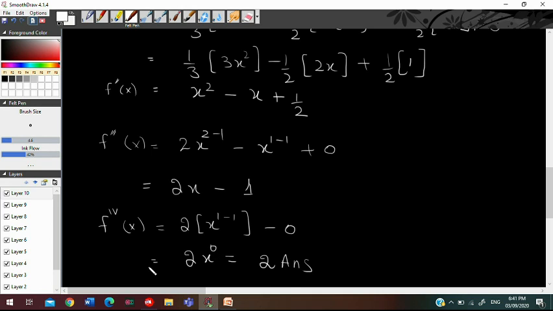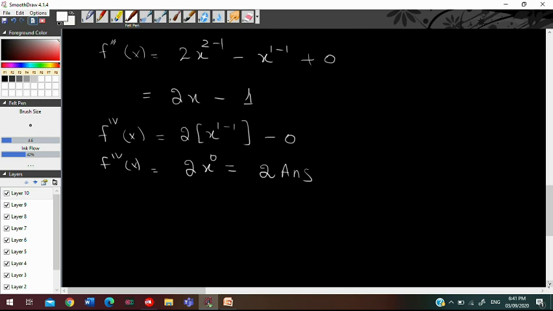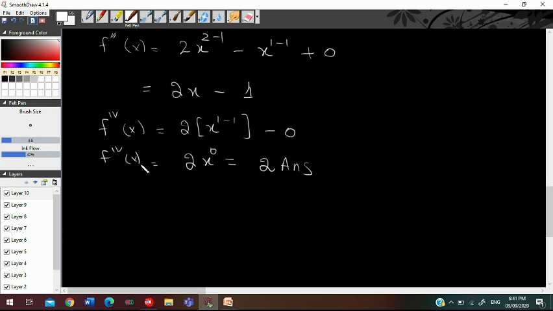So if we keep finding these derivatives, what will happen? Why I have said that this is the answer: because when we find the further derivative, the fifth derivative of this function, here we have just 2, and you know that the derivative of a constant function is 0.